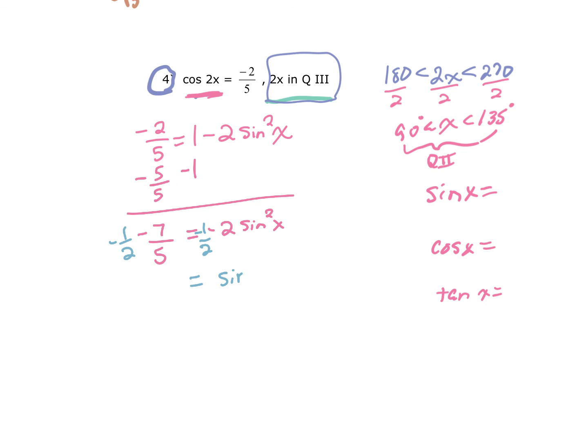So I get that the sine squared x is equal to 7 over 10. So when I take the square root of both sides and rationalize that, I get the square root of 70 over 10. So that's my sine.